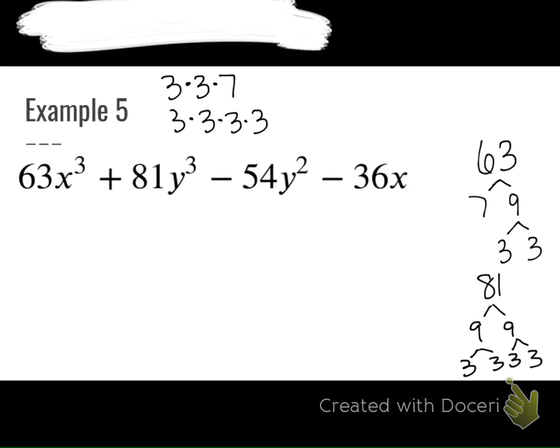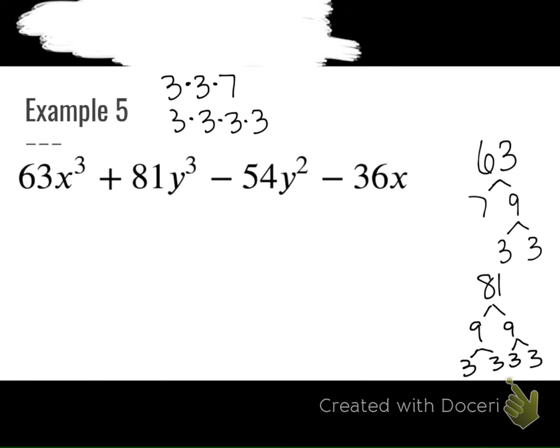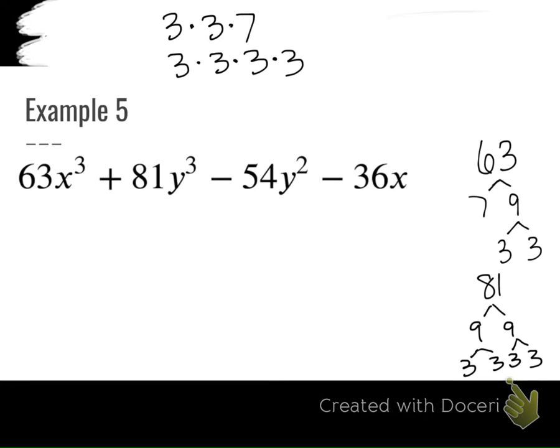Let me make a little more room up here so I can fit the other lists. All right, I scooted those lists up a little bit so I've got some space. 54, we could break into 9 times 6, 3 times 3, 3 times 2.